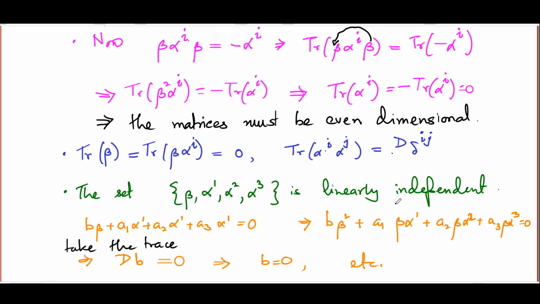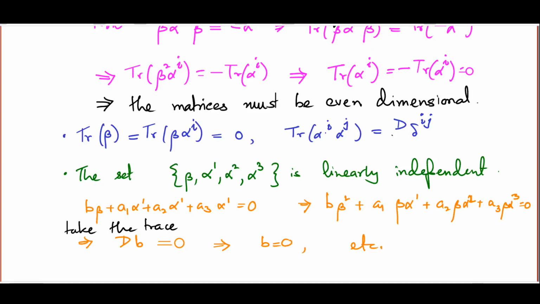So what we are looking for are 4 even dimensional traceless Hermitian matrices which satisfy our basic demand. The question now is, do such matrices at all exist? And if they do, can we find them?